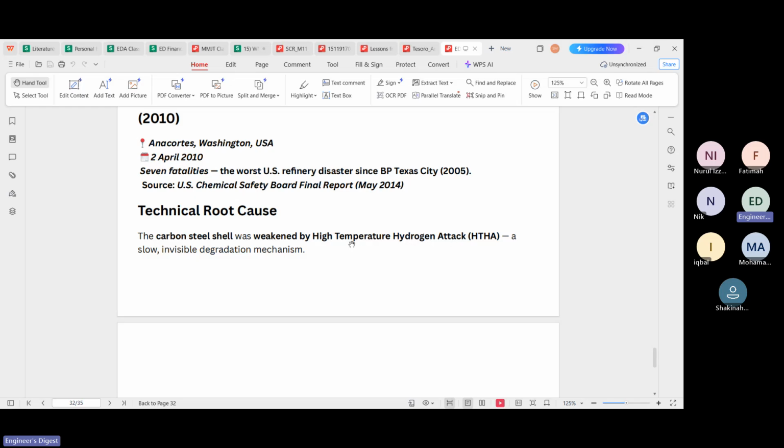So 2 elements happen here: one is high temperature, one is hydrogen attack. A slow, invisible degradation mechanism. What does it mean? It means that by inspection, maybe you will not be able to see this degradation.